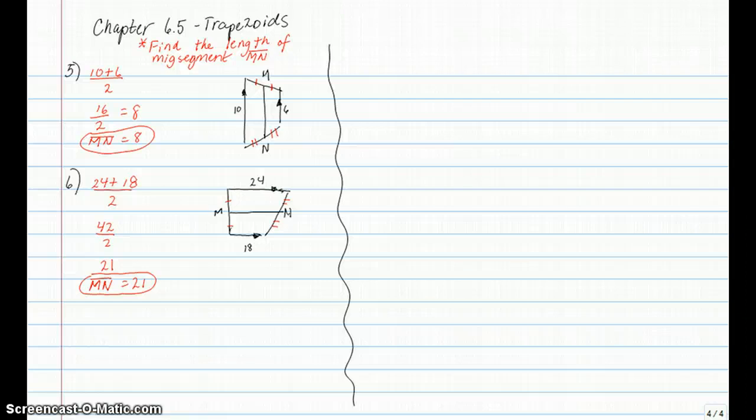For number 6, you take the two bases, 24 and 18, and find their sum, which is 42. You're finding the average of those two bases, so you divide by 2. 42 divided by 2 is 21. The mid-segment has been proven to be the average of the two bases, so segment MN equals 21.